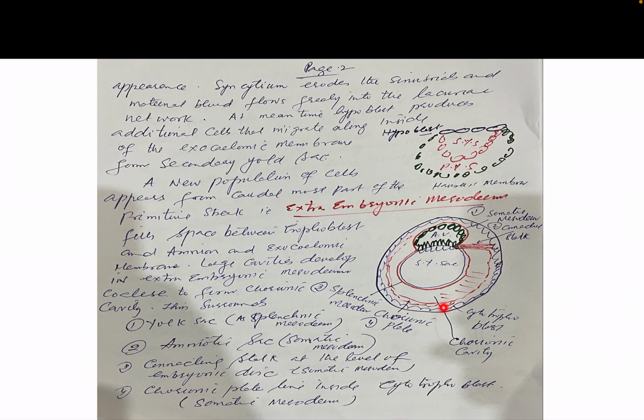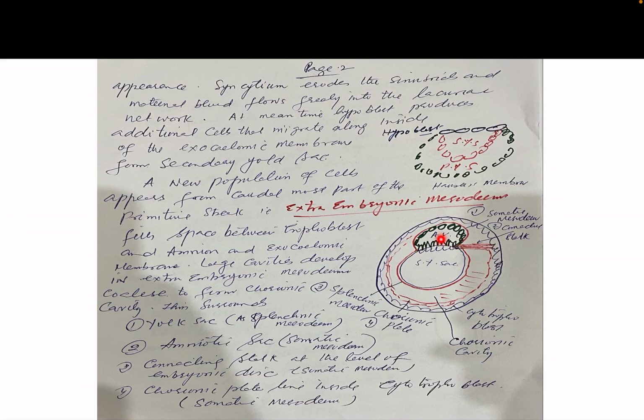This space is between the chorionic plate, the cytotrophoblast and syncytium as the outer layer, and the secondary yolk sac boundary. This whole space is around these two vesicles.